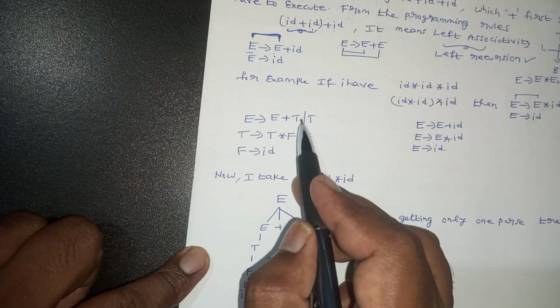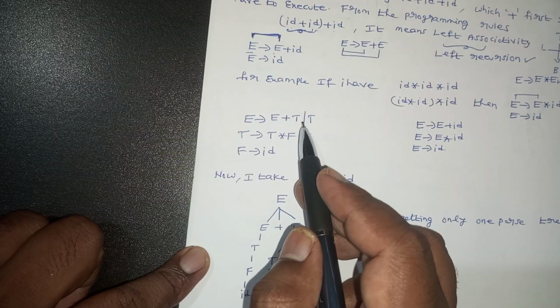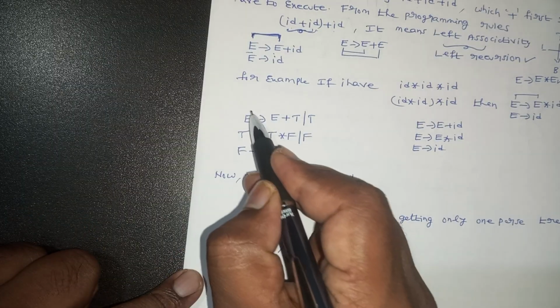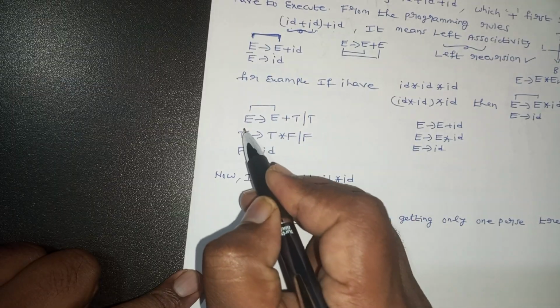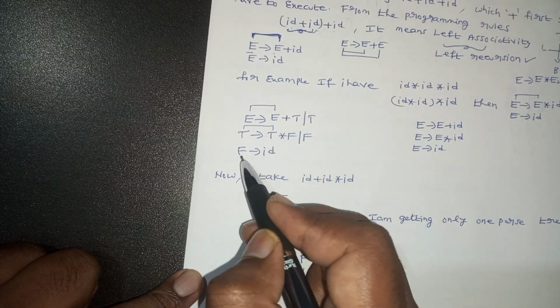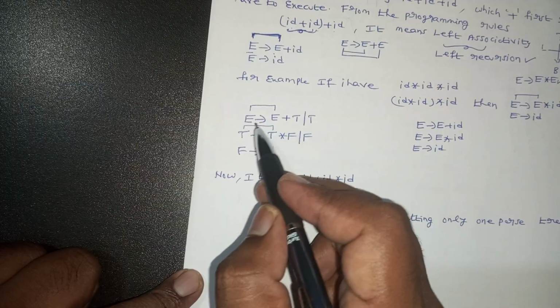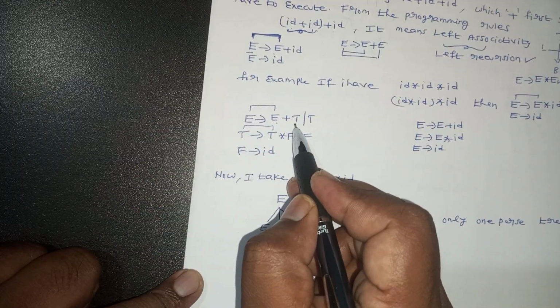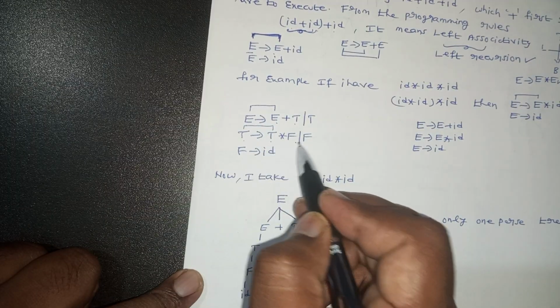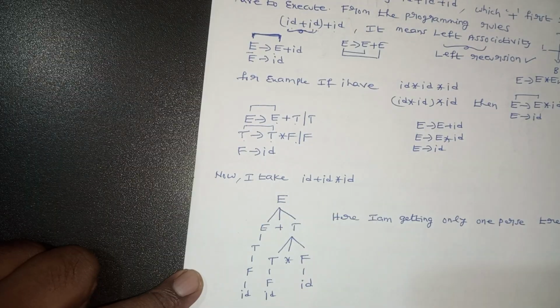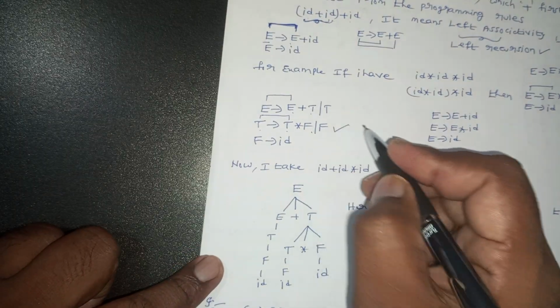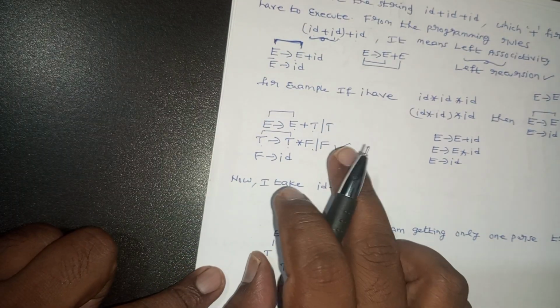Simply I am adding a new non-terminal for my convenience. See, left recursion is there. So it means what? E tends to E plus t, t tends to t star f, f tends to id. Now you check. Now this is the unambiguous grammar.